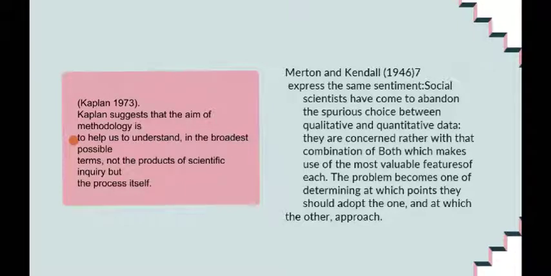They are concerned rather with the combination of both, which make use of the most valuable features of each. The problem becomes one of determining at which point they should adopt the one and at which the other approach.